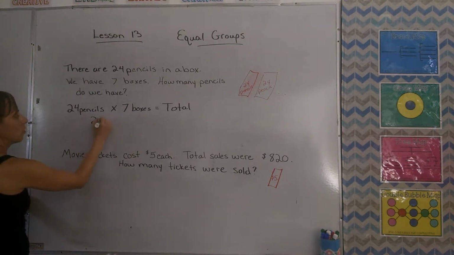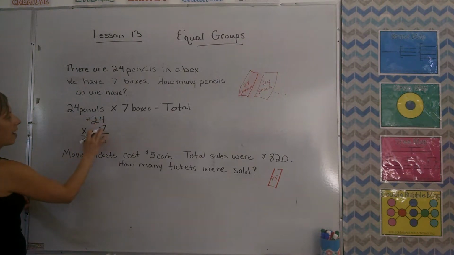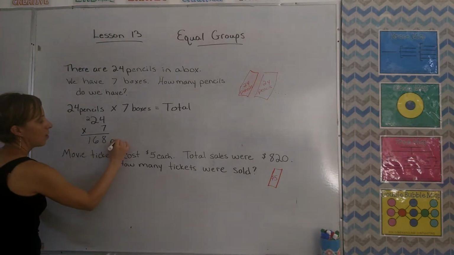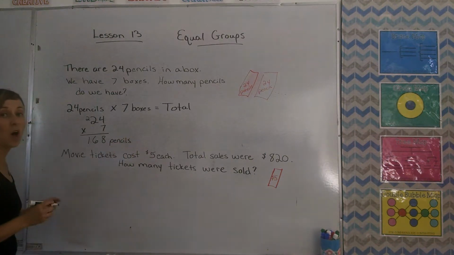Well, 24 times 7. 7 times 4 is 28. 7 times 2 is 14, 15, 16. I should have 168 pencils in all.